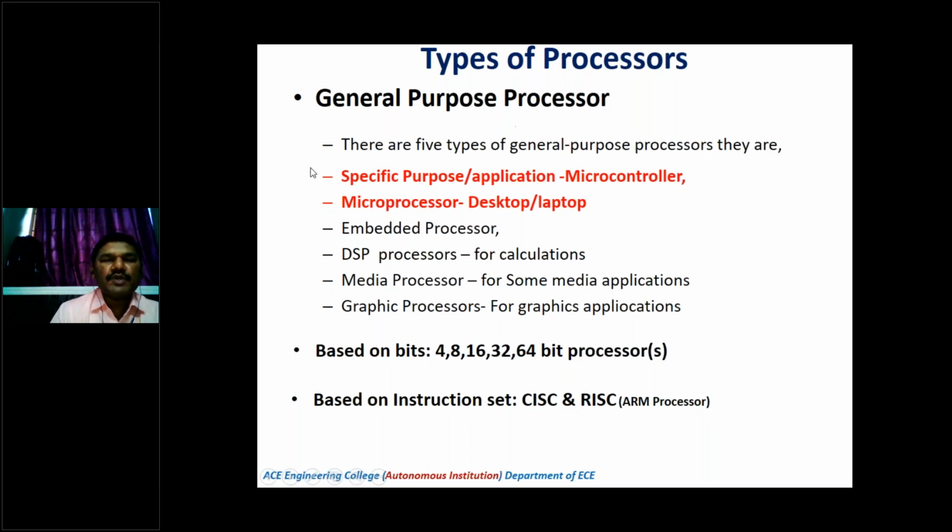The general purpose processors are of 5 types: basic processors, microcontrollers for specific or application purposes, microprocessors for desktop or laptop purposes, embedded processors for embedded applications, and DSP processors, media processors, and graphic processors for audio video applications, graphics controlling and 3D operation.